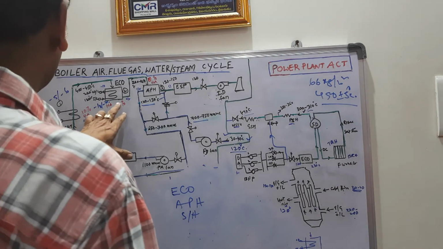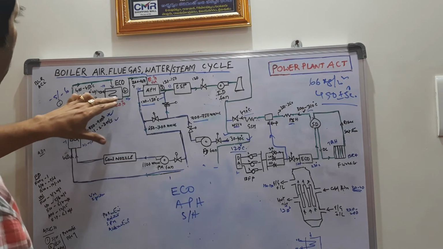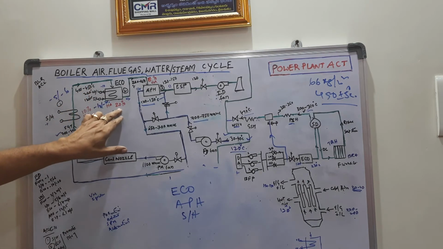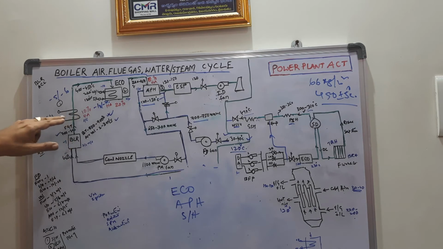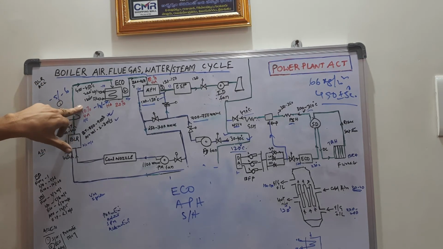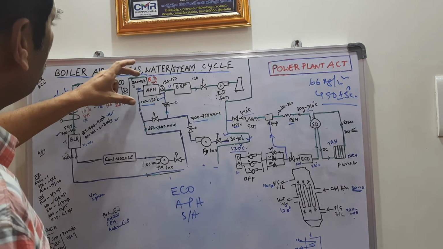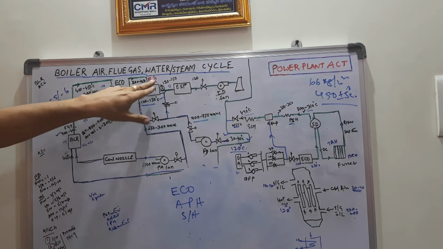In the economizer, the heat absorbed by water from flue gas is around 20%. In the superheater, the heat extracted by steam from flue gas is around 10%, and in the air preheater, the heat extracted by air from flue gas is around 10%.